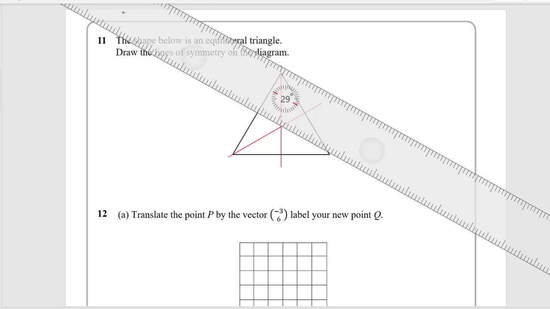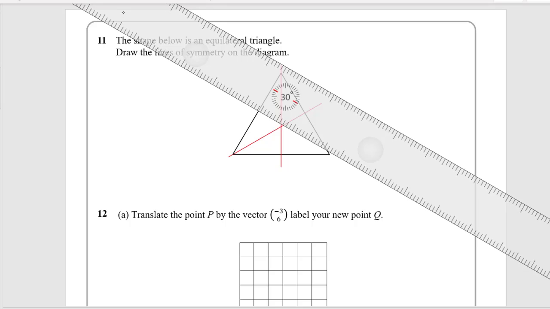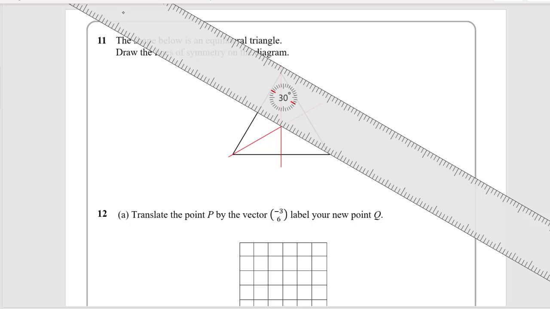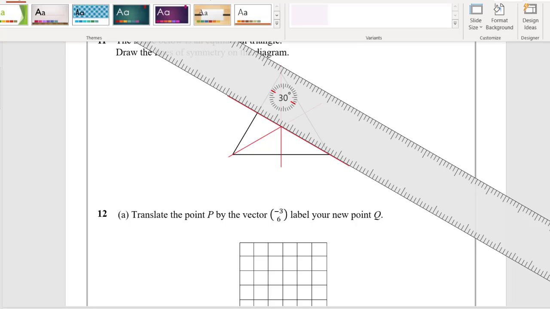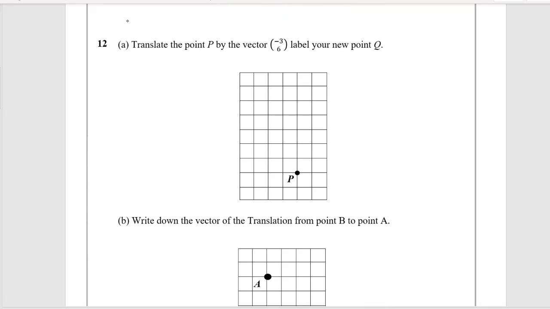Obviously in your exam you won't have an angles ruler, but as long as you are close enough to your answer. Very fiddly, but there you go, and that's done. 3 lines of symmetry because it's an equilateral triangle.